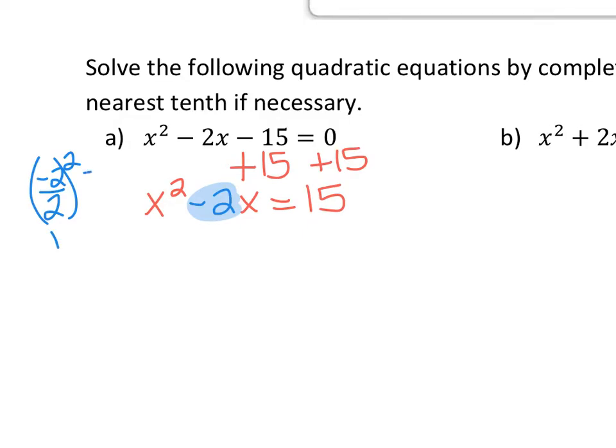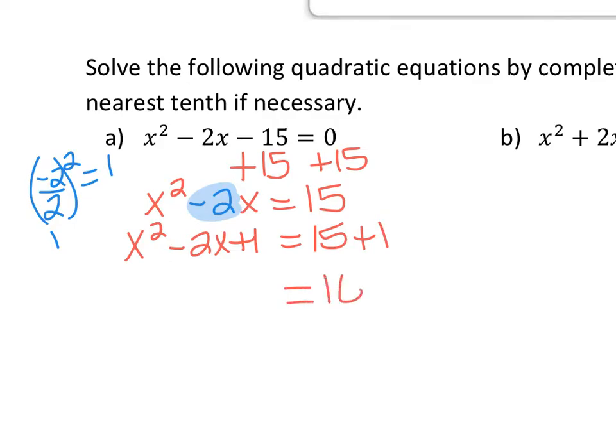So I'm going to add 1 to both sides. So I have x squared minus 2x plus 1, and over here I'm also going to add 1. What you do to one side, you have to do to the other. Well, 15 plus 1 is 16.